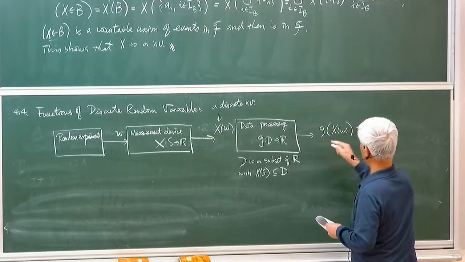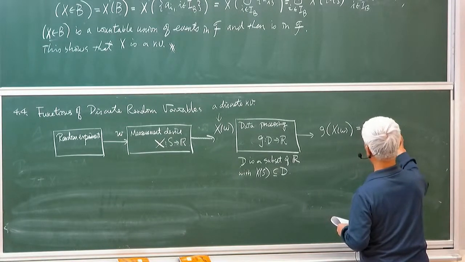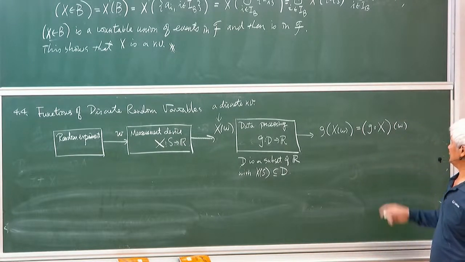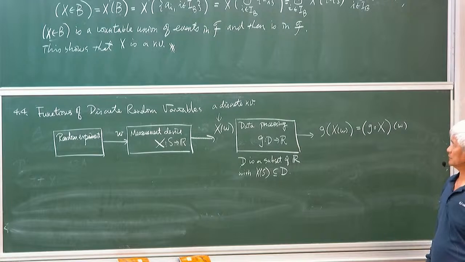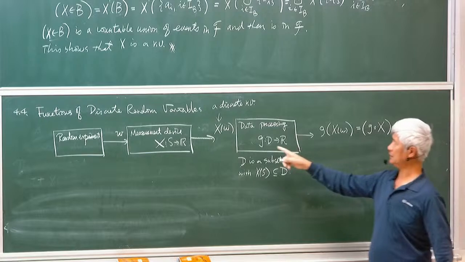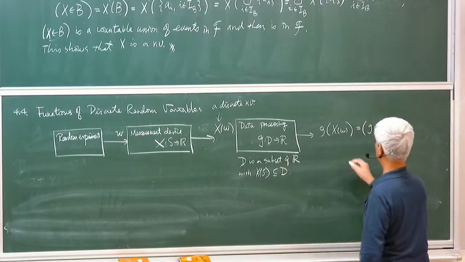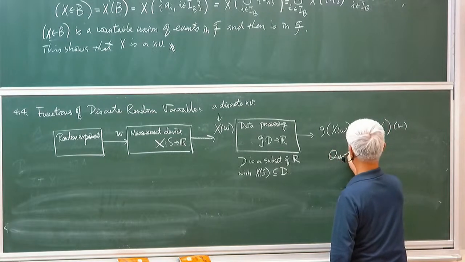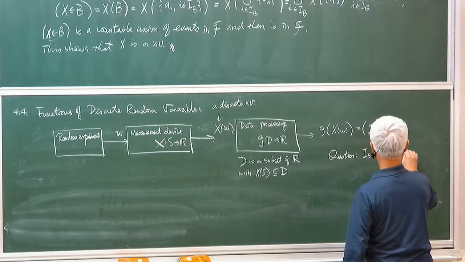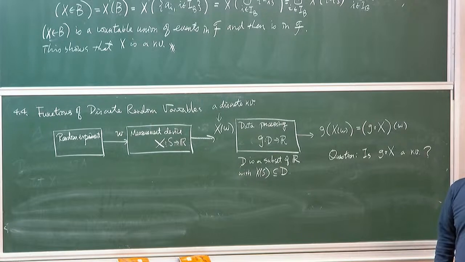Now, we are talking about the composition of two functions. The composition of a discrete random variable with a function g. So the question is: is g of X a random variable too?